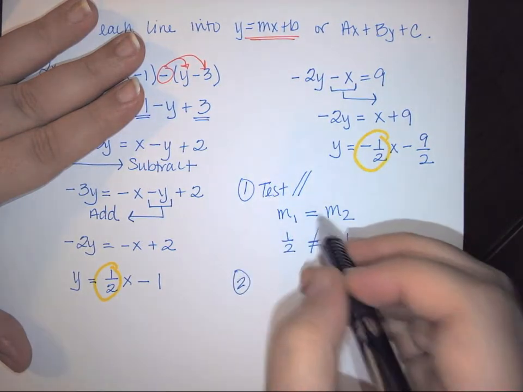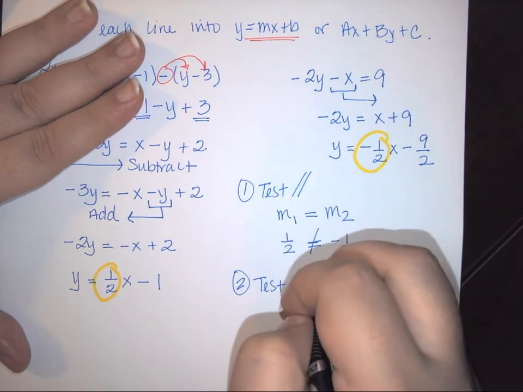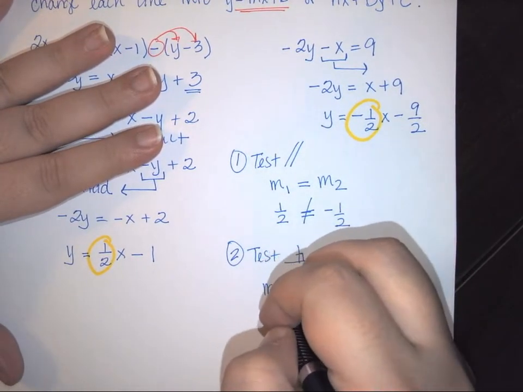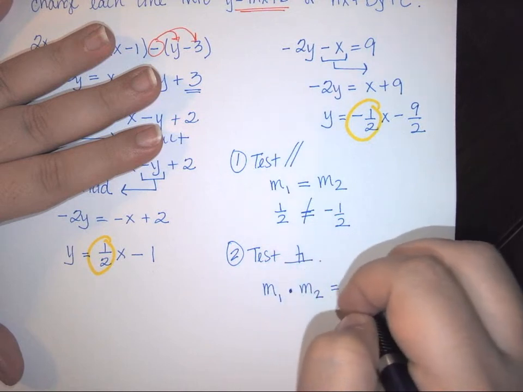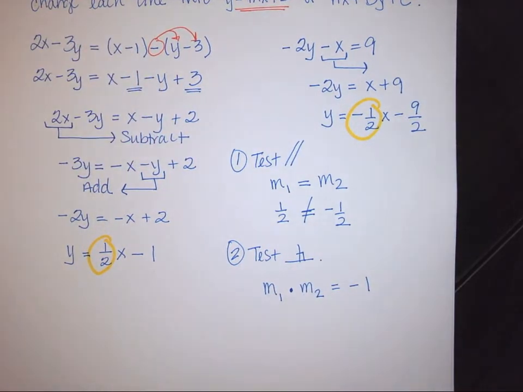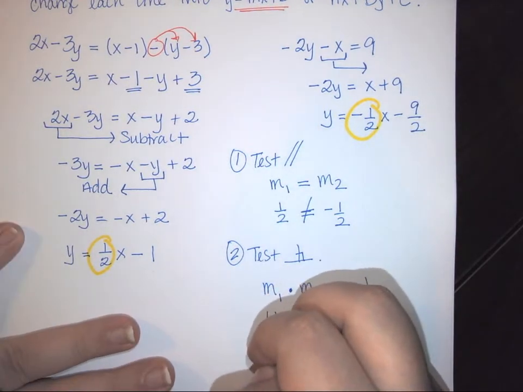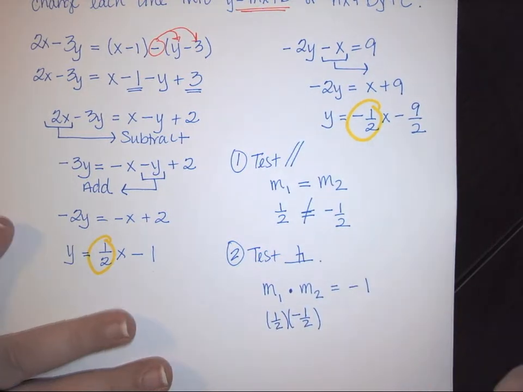If you fail the parallel test, then you need to test your perpendicular. The perpendicular test says take your first slope and multiply it by your second slope, and you should get negative 1. So my first slope is a 1/2. My second slope is negative 1/2.